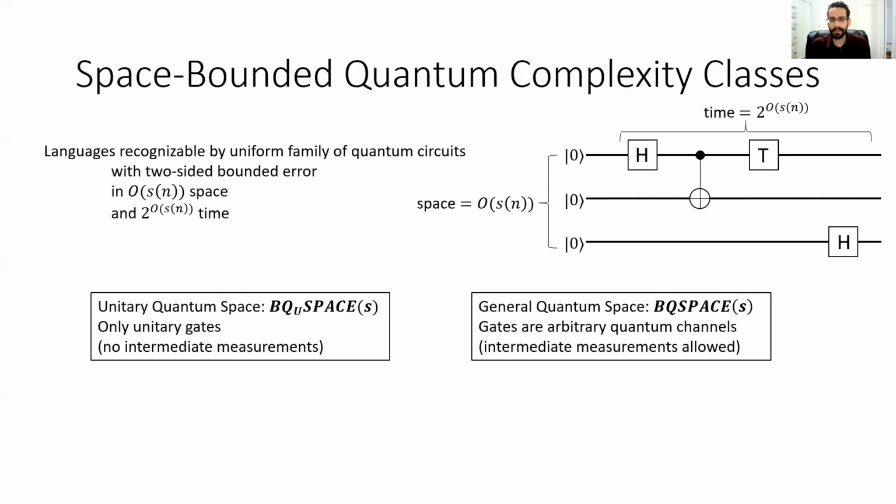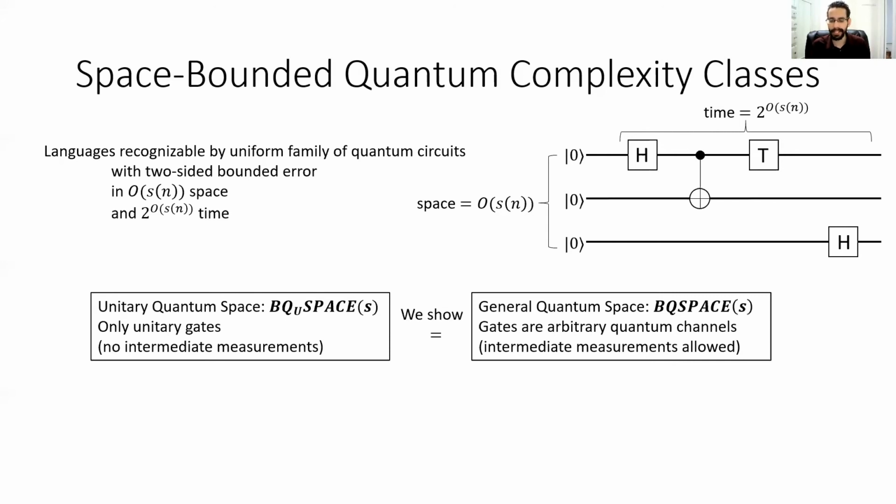So we have these two potentially different complexity classes, BQU space S and the potentially stronger BQ space S, each of which is a reasonable definition of the class of problems that a quantum computer can solve in space S(n). We can show that these two classes, in fact, are identical.